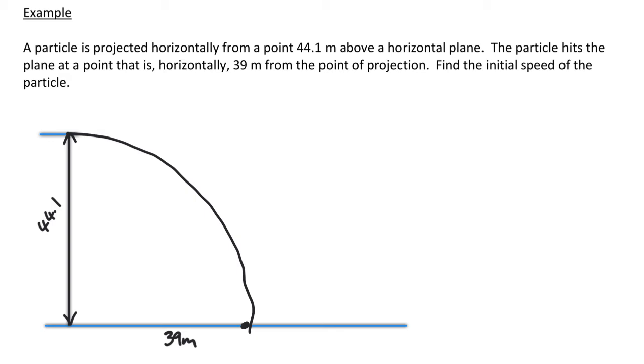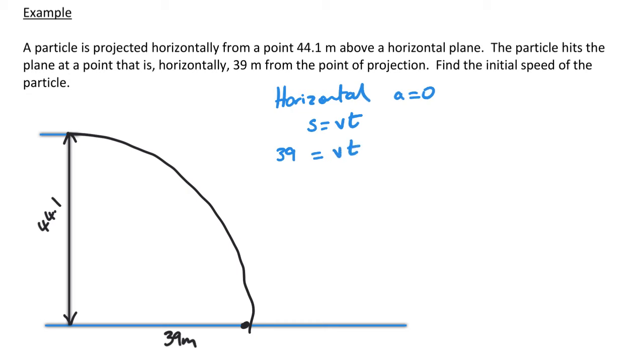So if we think about the horizontal motion, and we know there's no acceleration, that means we can use s equals vt, and we get 39 equals vt.